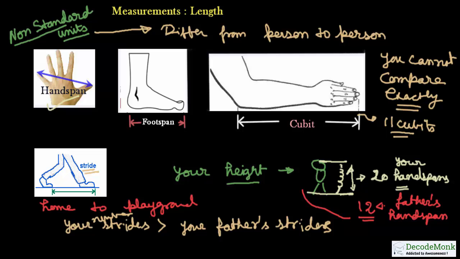Your friend may be taller than you, and therefore his cubit length may be more, and he measures his own height. It comes out to be, say, 8 cubits. Sitting in Kolkata, you may think that your friend's height is less than yours, but because he is taller and his cubit length is more, it comes out to be 8 cubits, and still he may be taller than you.